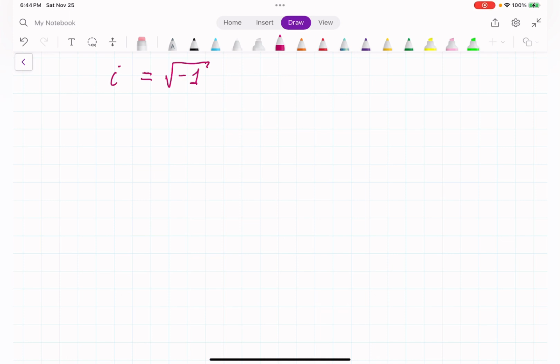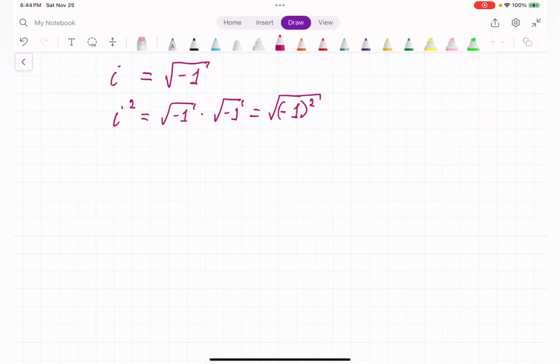And from here, I squared is equal to square root negative 1 times square root negative 1, and it's going to be equal to square root of negative 1 squared, right?